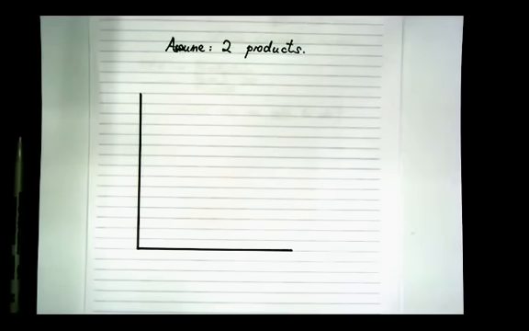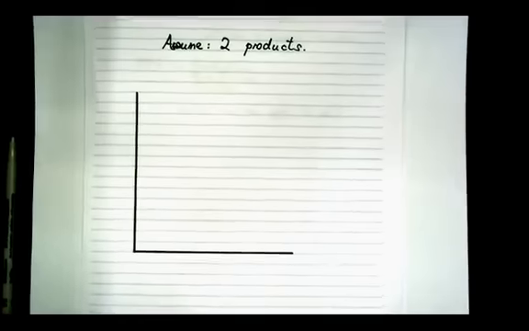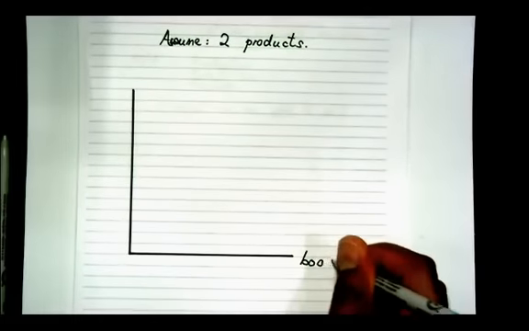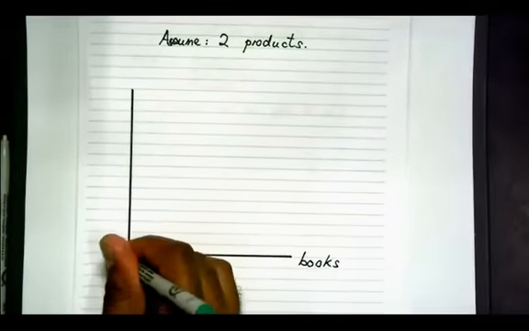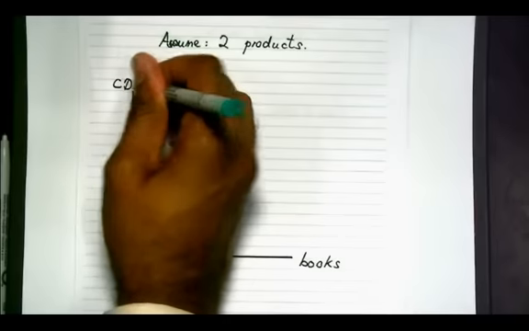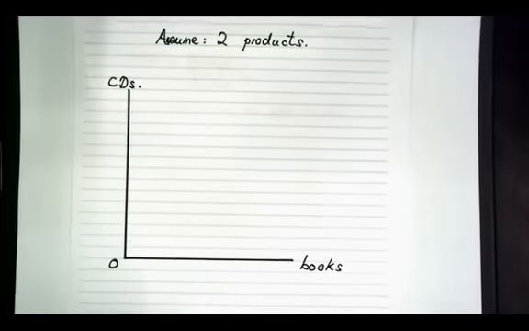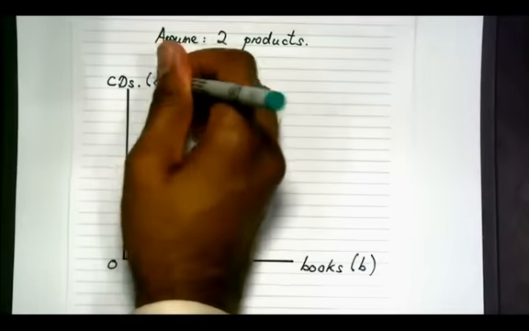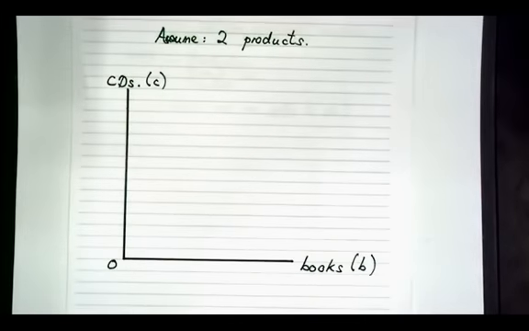Now, I'm just going to change the example. Let's say our economy can produce books, or our economy can produce CDs. So two products, B for books and C for CDs.